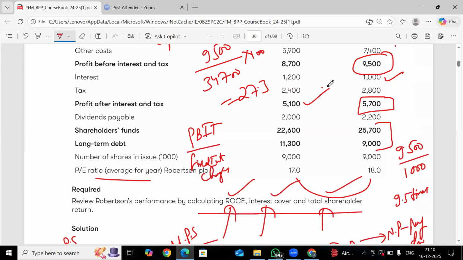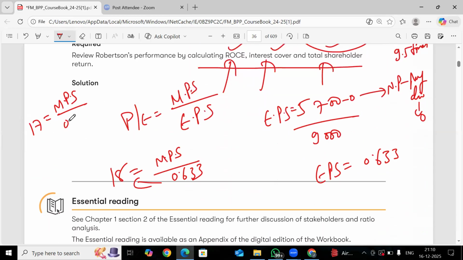So it is 0.566. Cross multiply. 18 into 0.633, 11.394. 17 into 0.566, 9.622. This is your current year share price. This is your previous year share price.